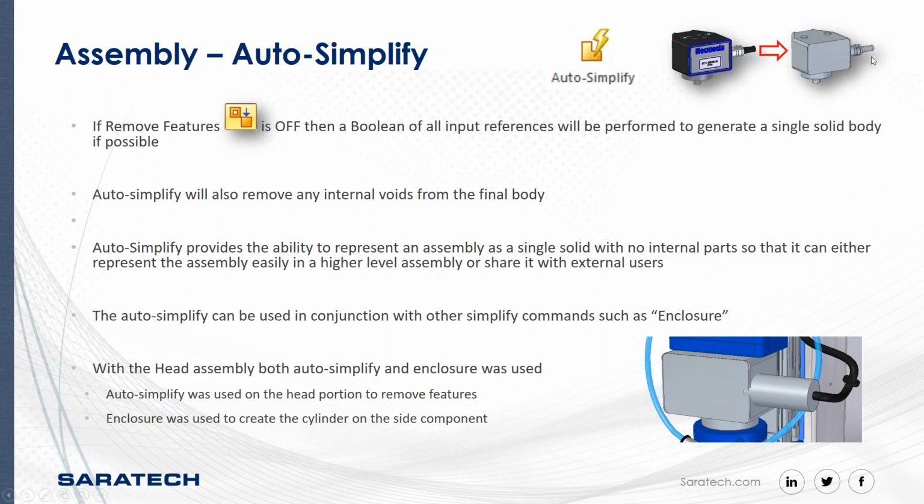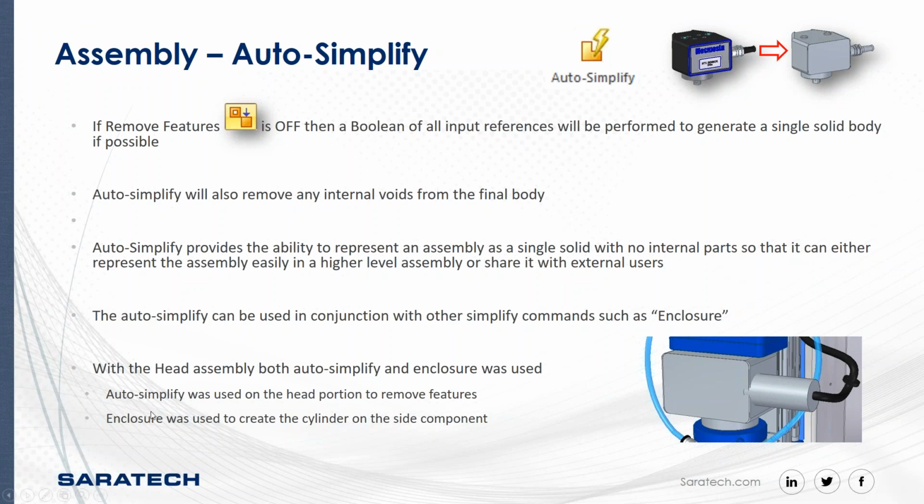As you can see here, this cable inlet has utilized the enclosure command to encapsulate that area in the maximum material condition and really enhance how we utilize that tool.